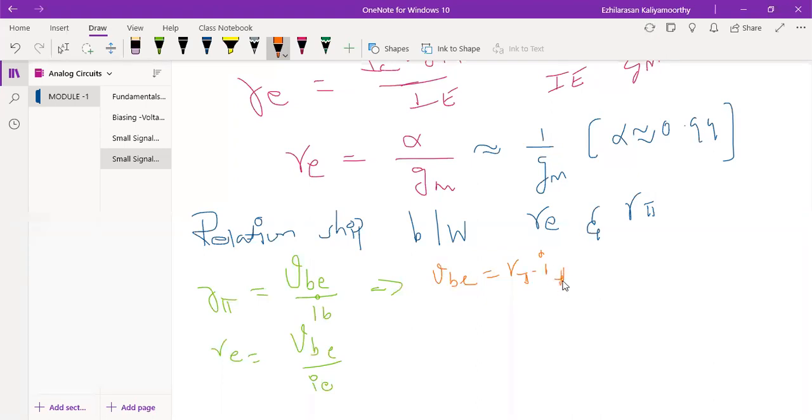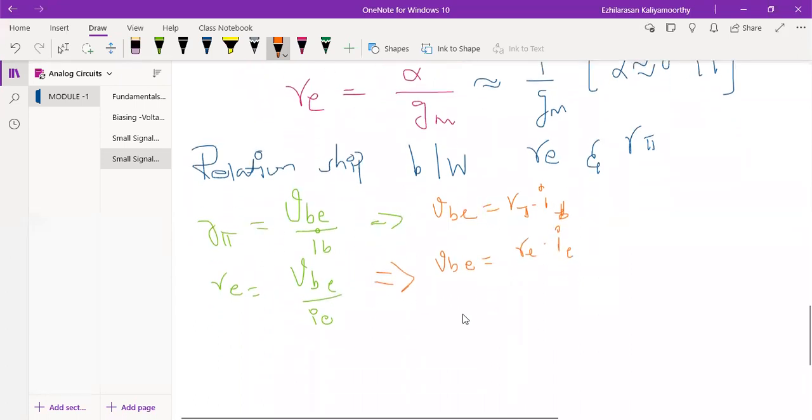In the same way, this expression is reduced to VBE equal to RE into IE. Now we need to equate both. If I equate both in this way, I get R pi into IB is equal to RE into IE.